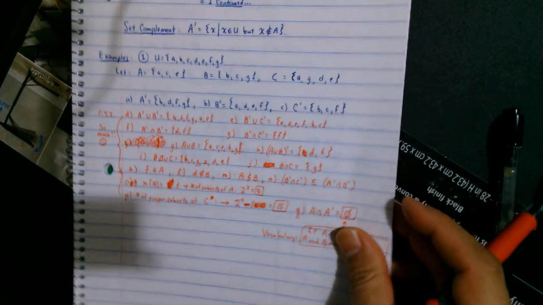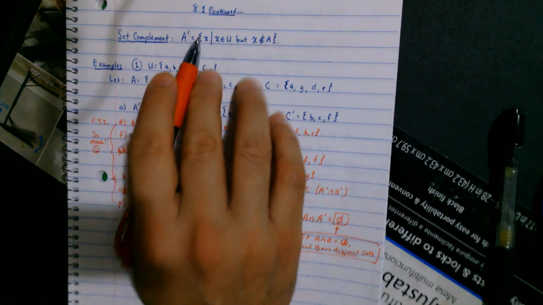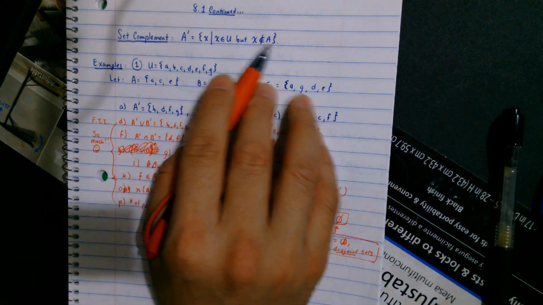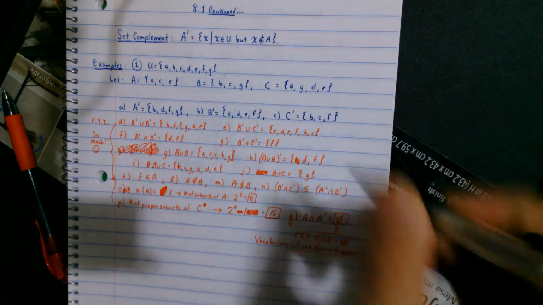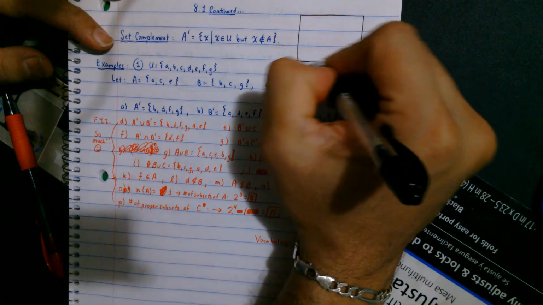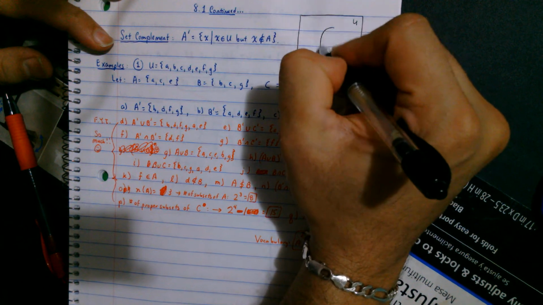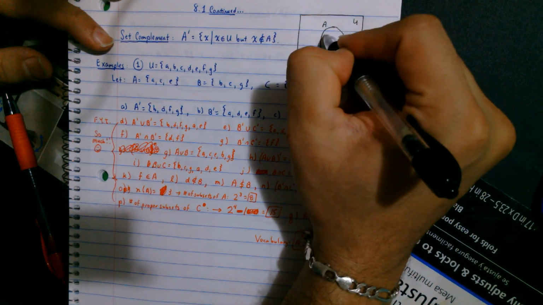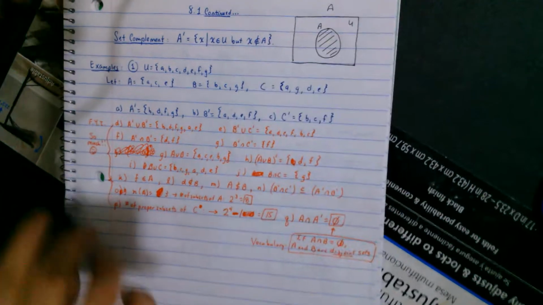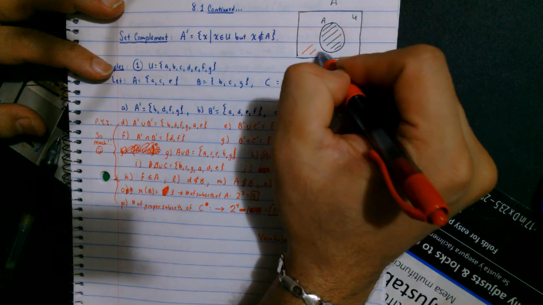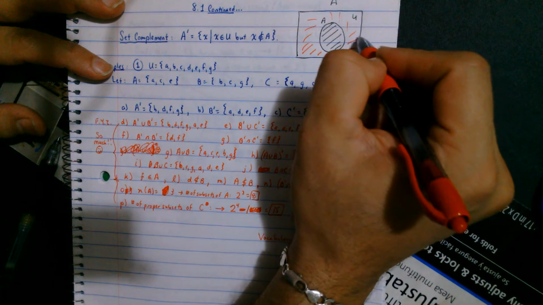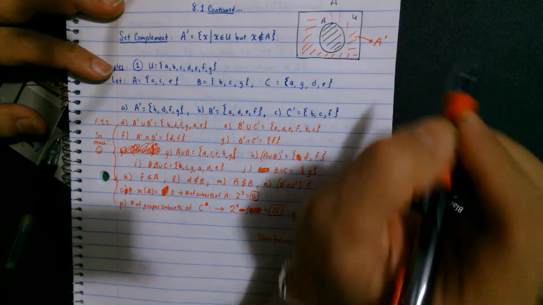And then ultimately it's what's called the set complement. The set complement is what's in the universal set, but not in A. So in a one-set diagram, this is set A. This, on the outside of the circle, is what they call a complement.